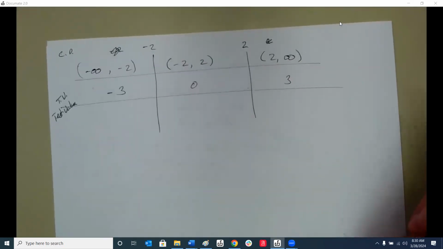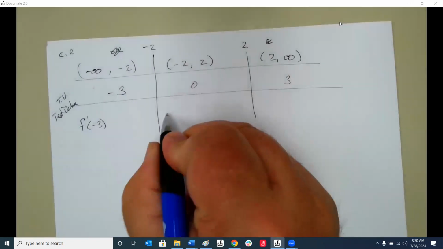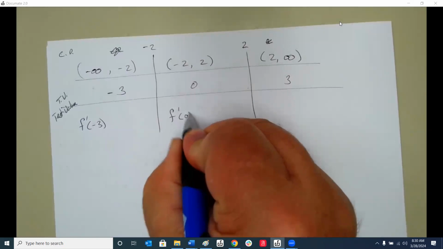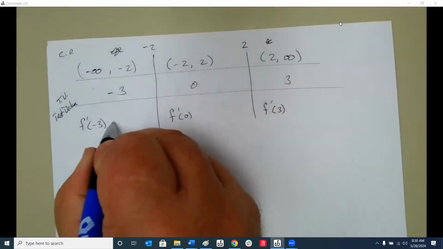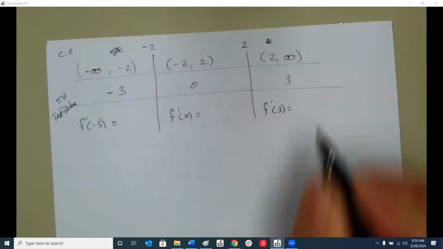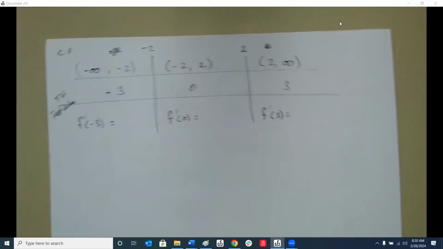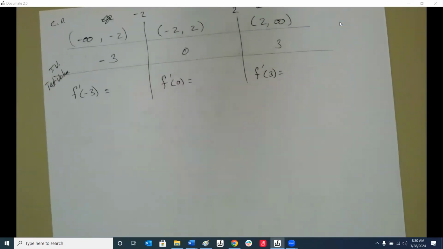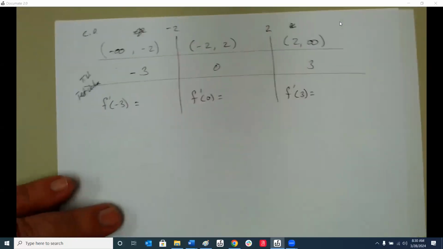What do I do with my test value? Plug them into the first derivative. First derivative was 3x squared minus 12.